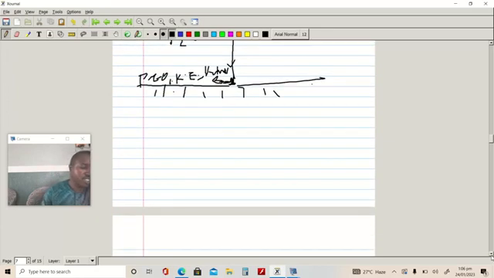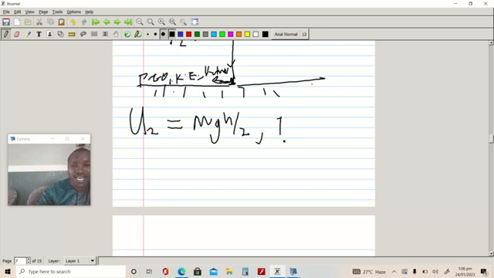Now at that point, the potential energy U2 (1 is when it is at the top) is going to be equal to mg times h, but our h at that point is h over 2, half h, when the body is at the middle. Then kinetic energy K2 at that point is going to be equal to half mv squared.